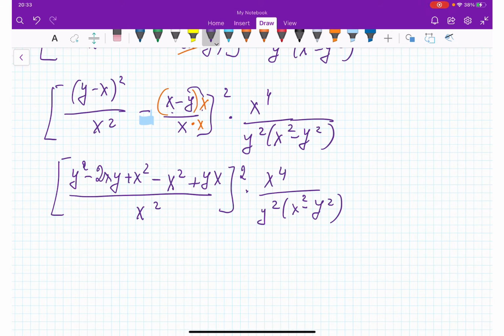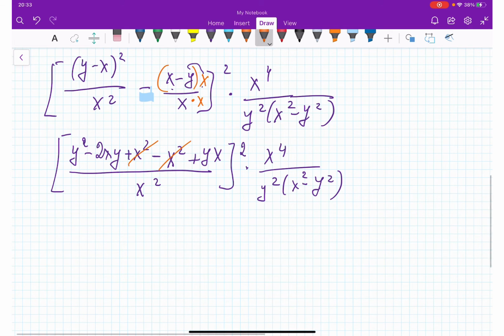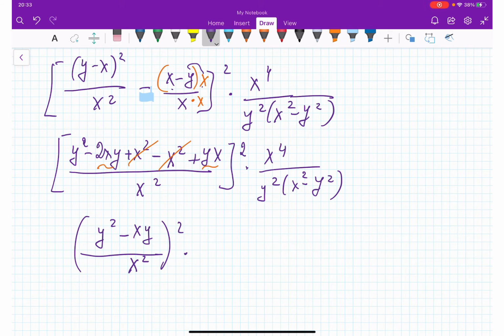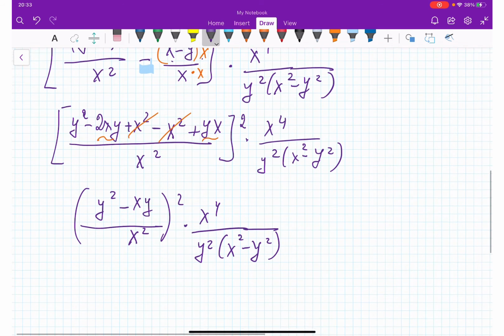And what do we get here? We have plus x squared minus x squared is gone, like terms, negative 2xy plus yx. And the result is we are getting y squared minus xy divided by x squared times x to 4 divided by y squared times x squared minus y squared.